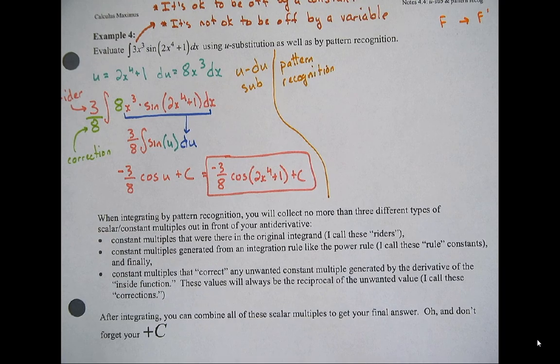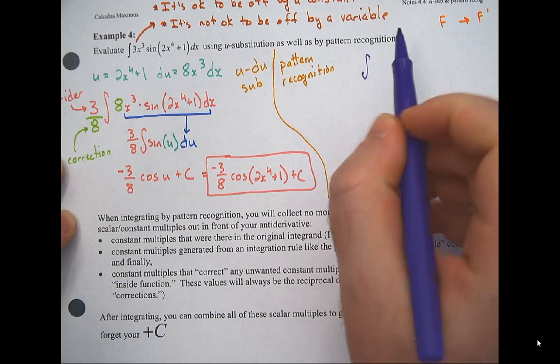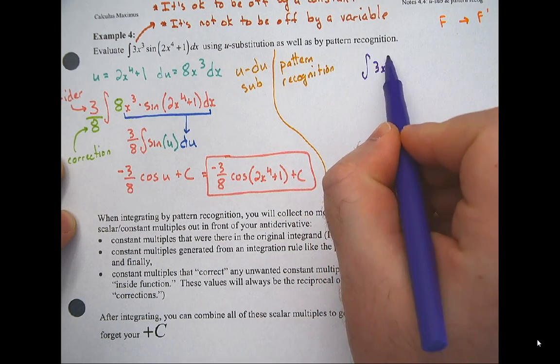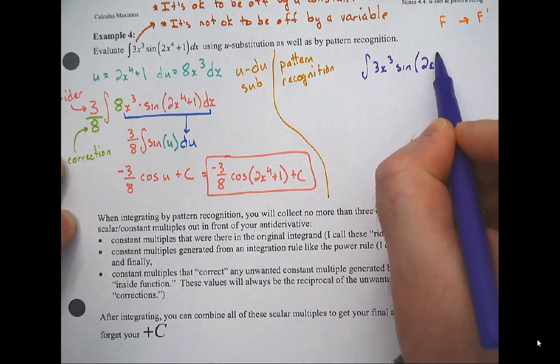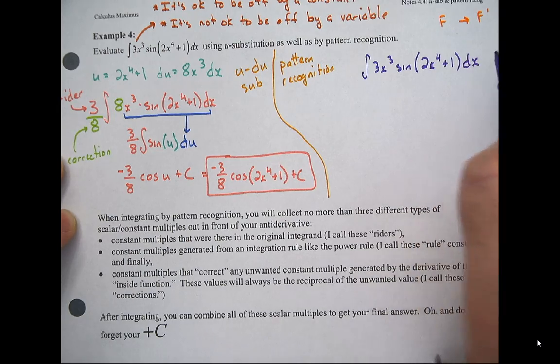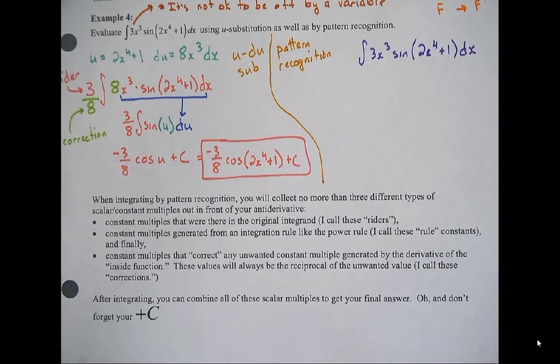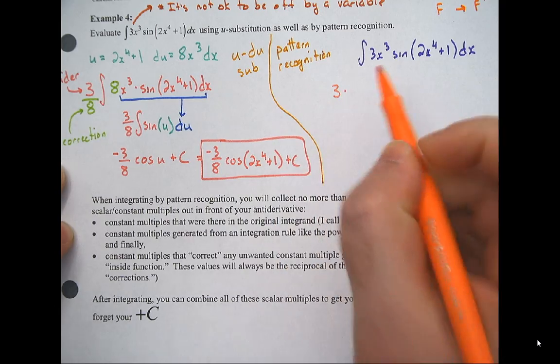All right, so he starts off by looking at the integral of 3x cubed sine of 2x to the 4th plus 1 dx. The first thing he does is take out any constants. So he knows that he's going to have some riders along the way. His first rider, this 3 is a rider, times.